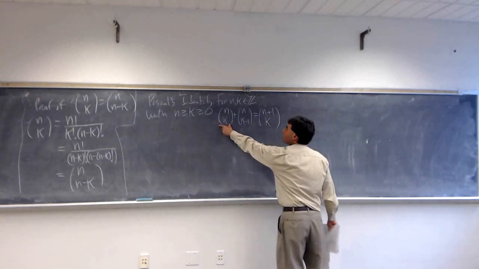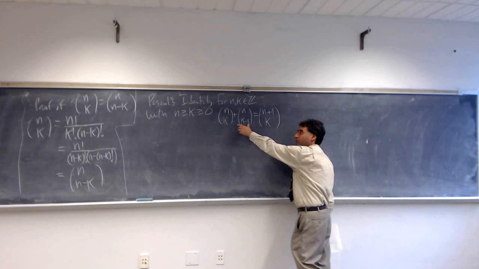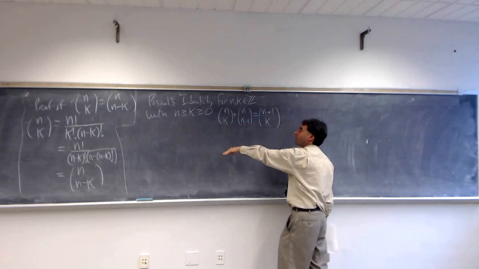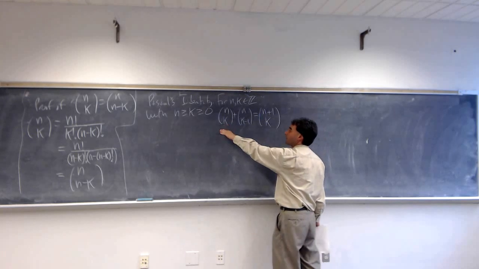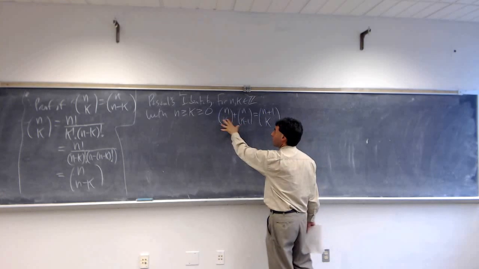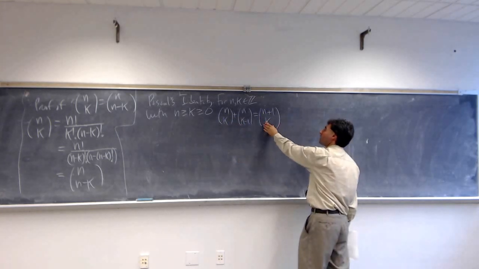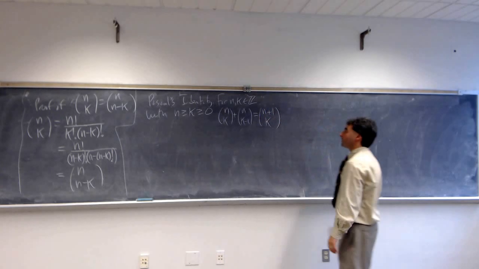These sets all don't have 1 in them. These sets all do. So the number of ways we can write k element sets that contain 1, plus the number of ways we can take k element sets that don't contain 1, added up, is the number of ways we can take a k element subset out of these n plus 1 elements.